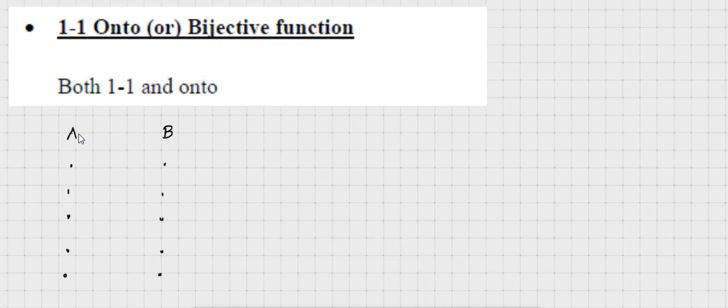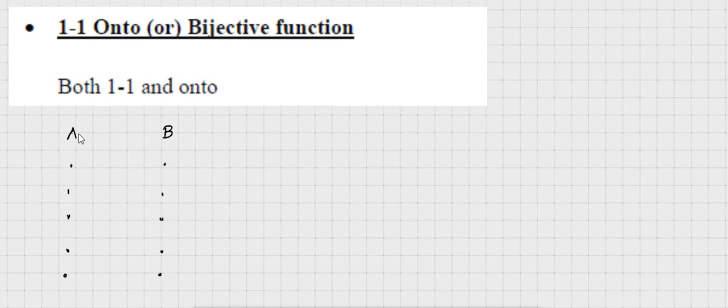It should satisfy the condition for a function, for one-to-one, as well as for onto.